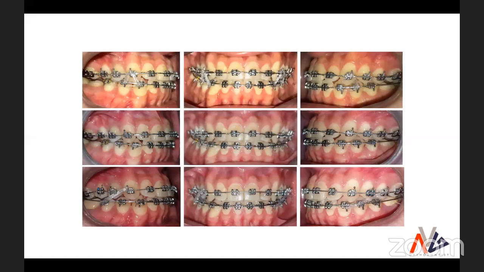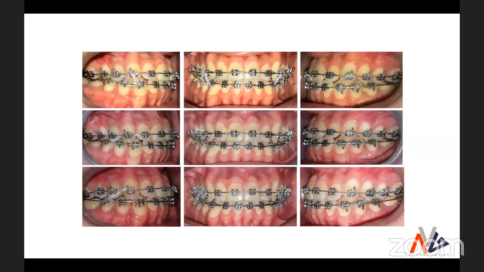I was like, this has to be a true class 3. And then I extracted the premolars. And after leveling and alignment, when the premature contacts had disappeared, the case automatically came back into a proper class 1. So now I have class 1 canines, and I have space distal to the canine as well. So it was an absolutely useless extraction.